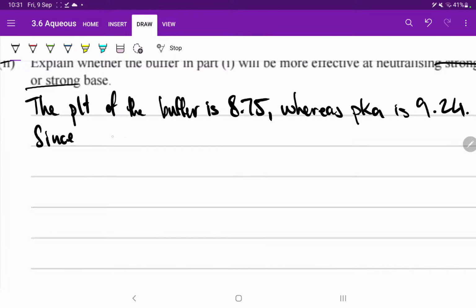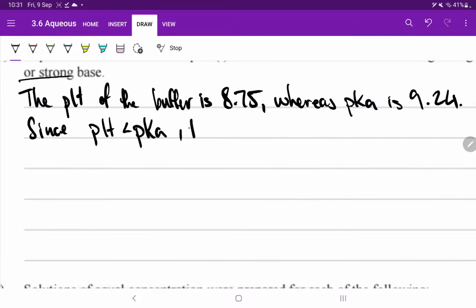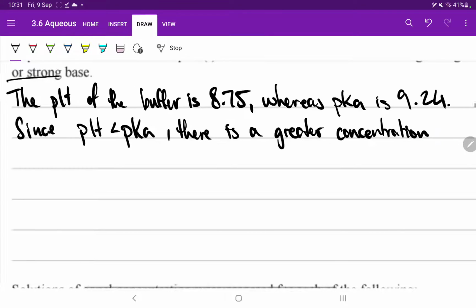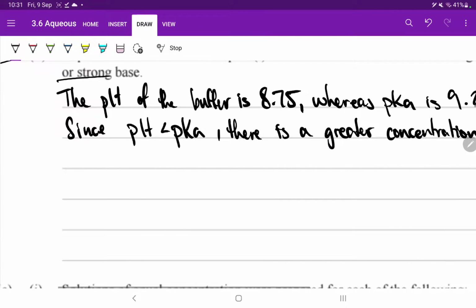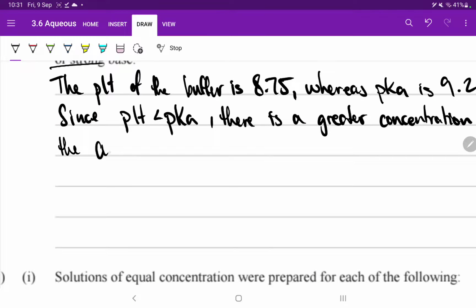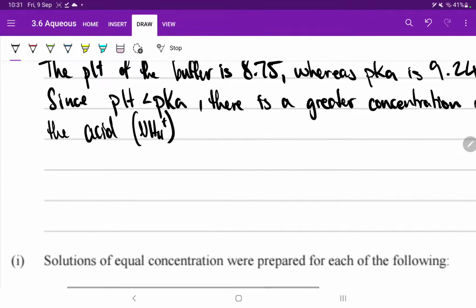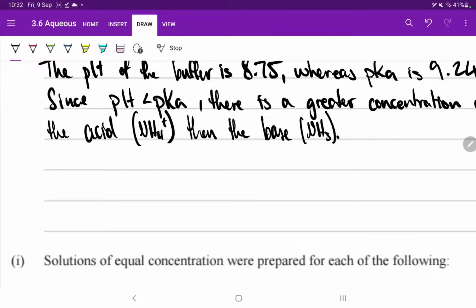Since pH is less than pKa, there is a greater concentration of the acid, in this case NH4 plus, than the base, which is NH3.